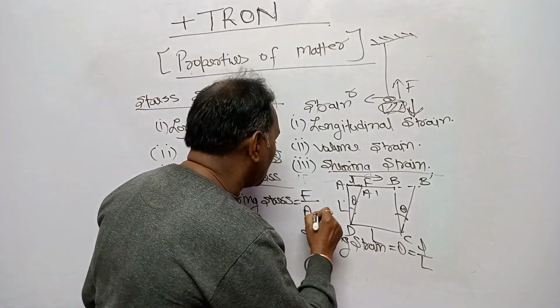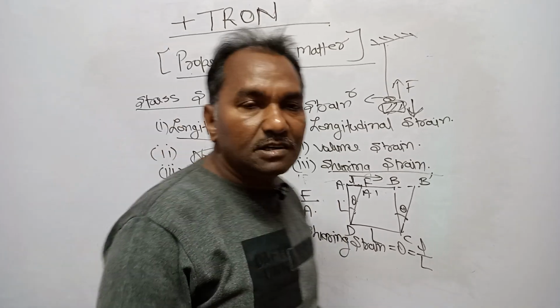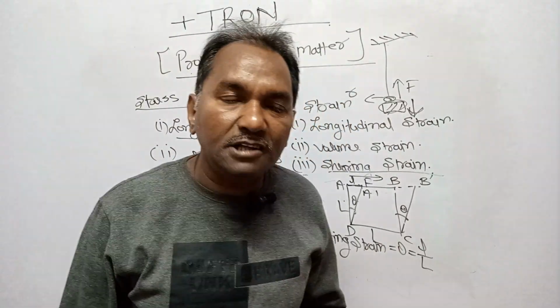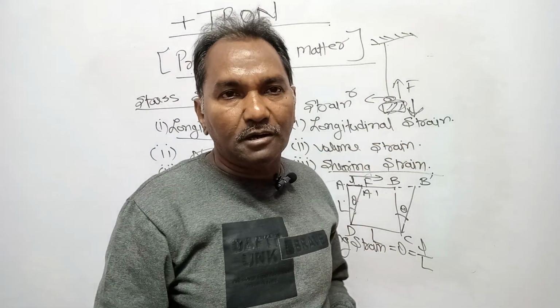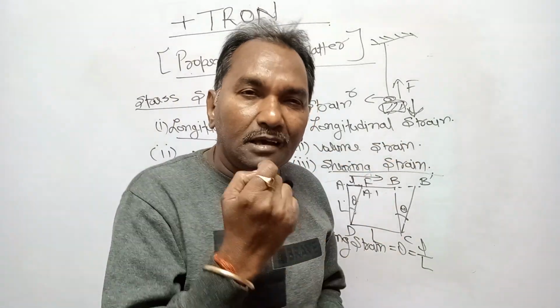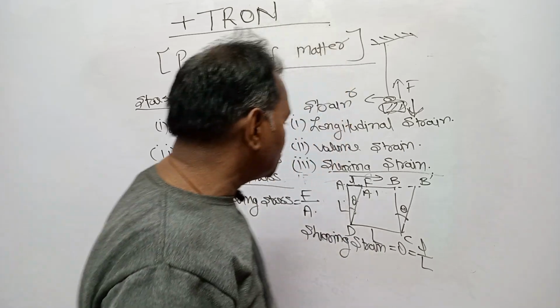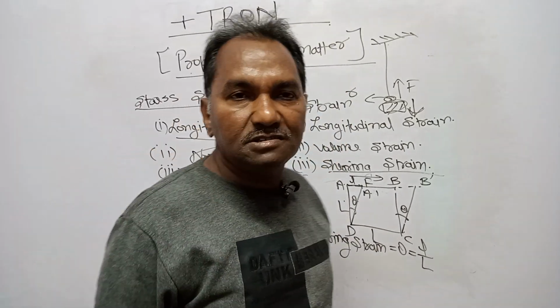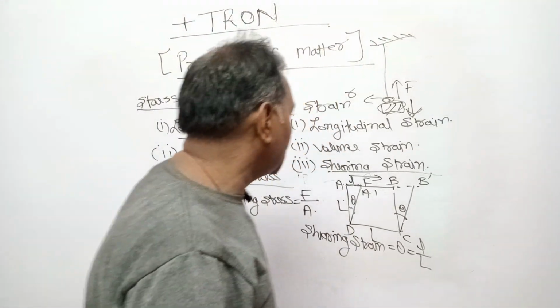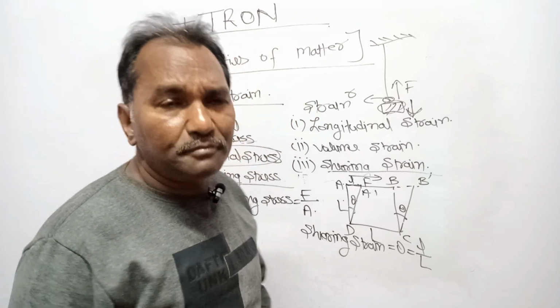Shearing stress is equal to F upon A. F is the tangential force that you have applied on the roof, and A is the area of the roof on which the tangential force has been applied, and shearing strain is equal to small l upon capital L.